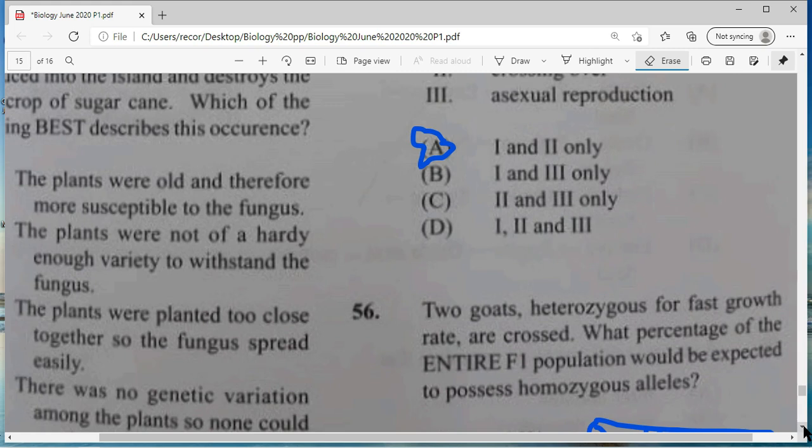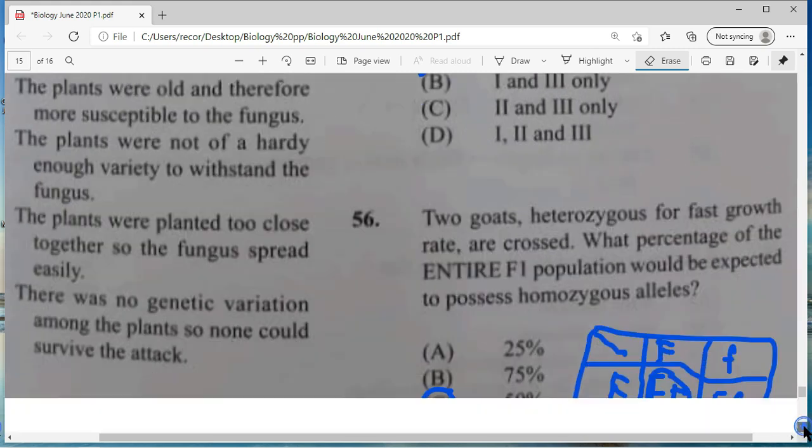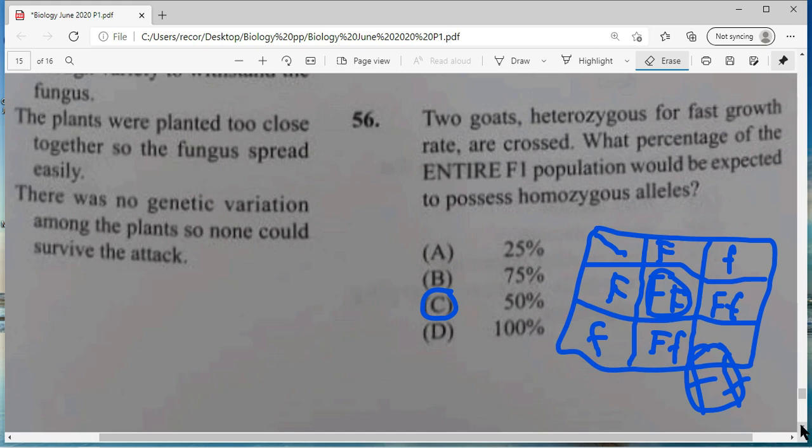56. Two goats heterozygous for fast growth rate are crossed. What percentage of the entire F1 population would be expected to possess the homozygous allele? So we're looking at them having the same allele. I did this here. They are both heterozygous. I'm using F for the fast growth.